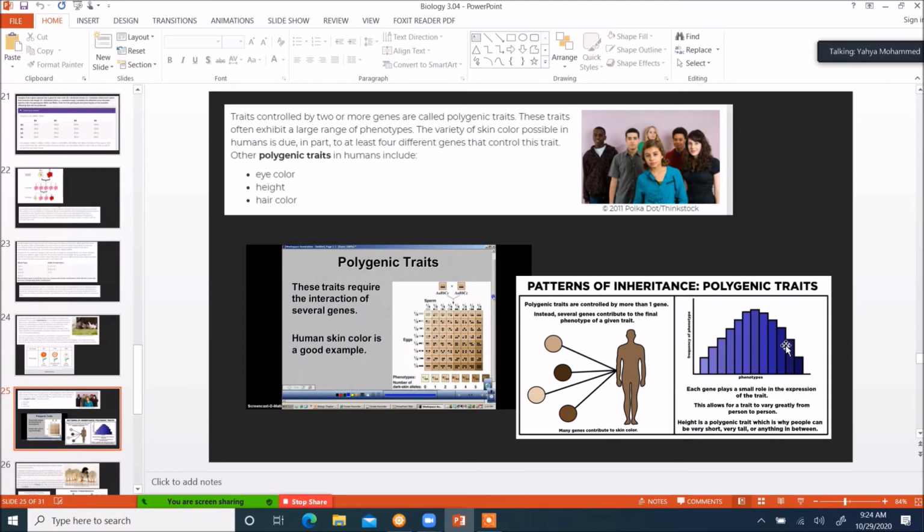This graph at the bottom shows that: measuring the phenotype on the x-axis, the number of people ranges all the way from the low end to the high end. Does that make sense? So a polygenic trait means that many different genes are coding for something, and so you're going to have a wide variety of different outcomes.